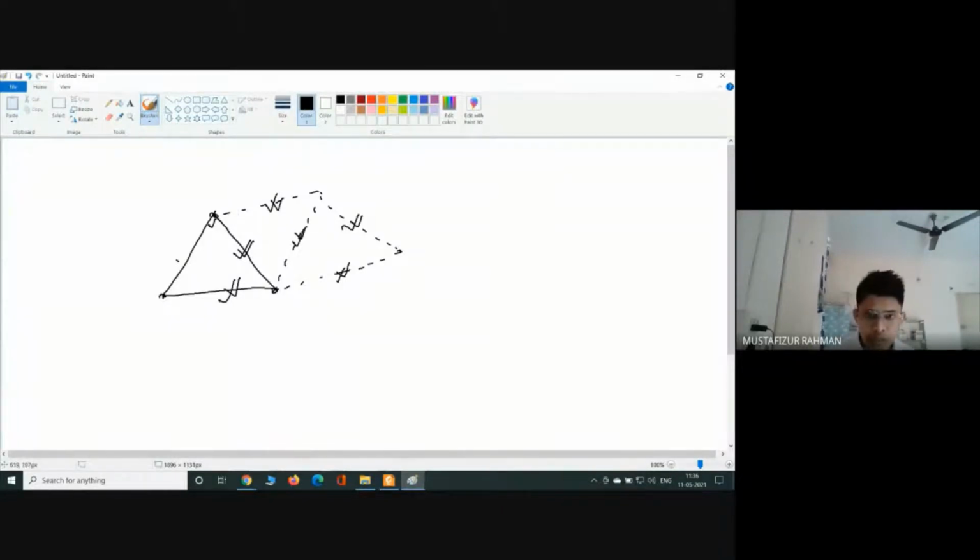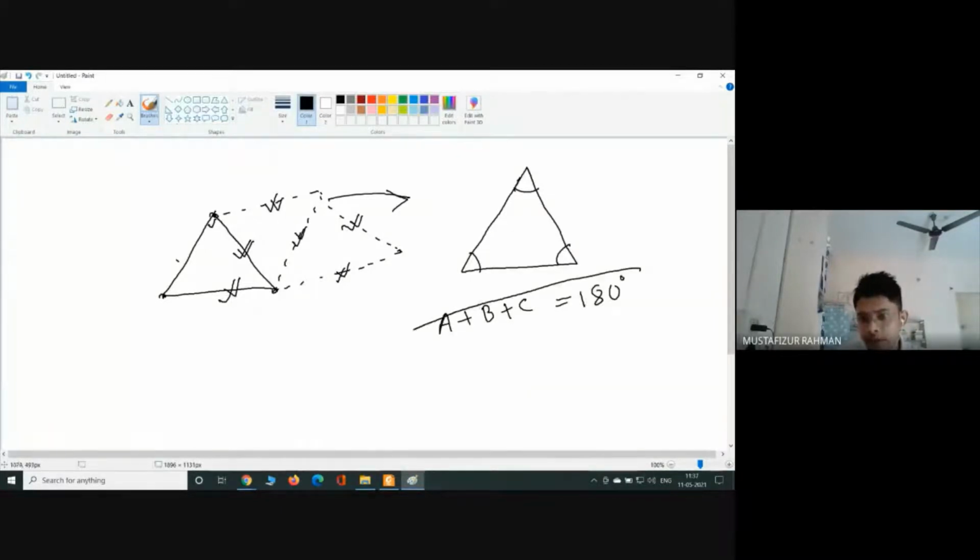We should also see one point: since this is a triangle, we can measure all the angles and have a check. If we add all the three angles, A plus B plus C, this should be 180 degrees. So this is a kind of check for the angles. We will come to know if we have measured the angles correctly or not.